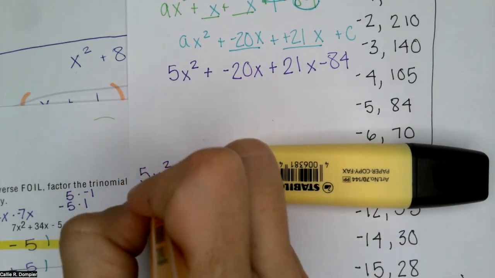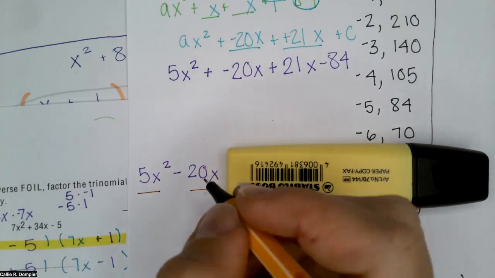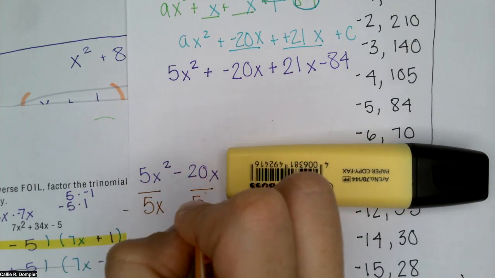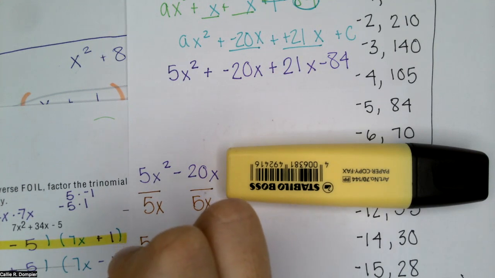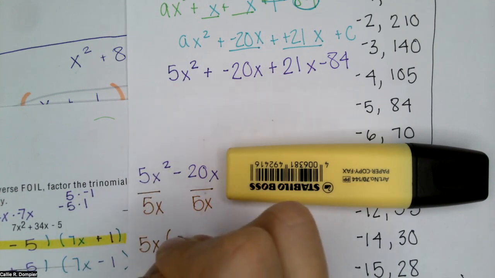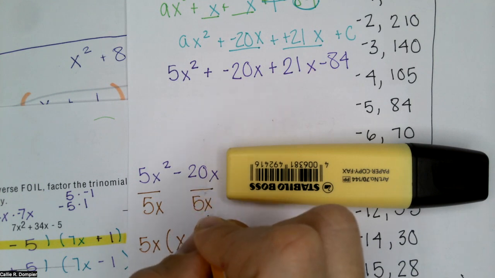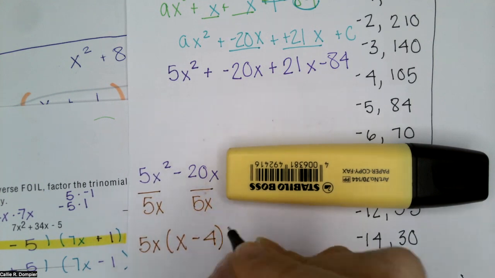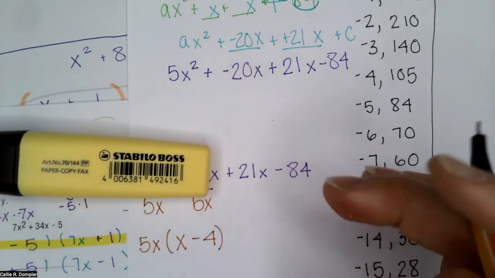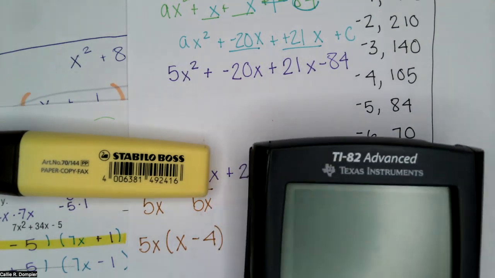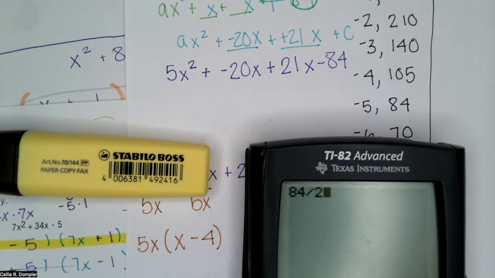5x squared minus 20x, I can divide them both. This is the easy side, right? I can divide them both by 5x. So 5x becomes x, negative 20x becomes negative 4. Over here, I have 21 and 84. What are the common factors of 21 and 84? We'll just take 84 and make sure you can't divide it by 21.